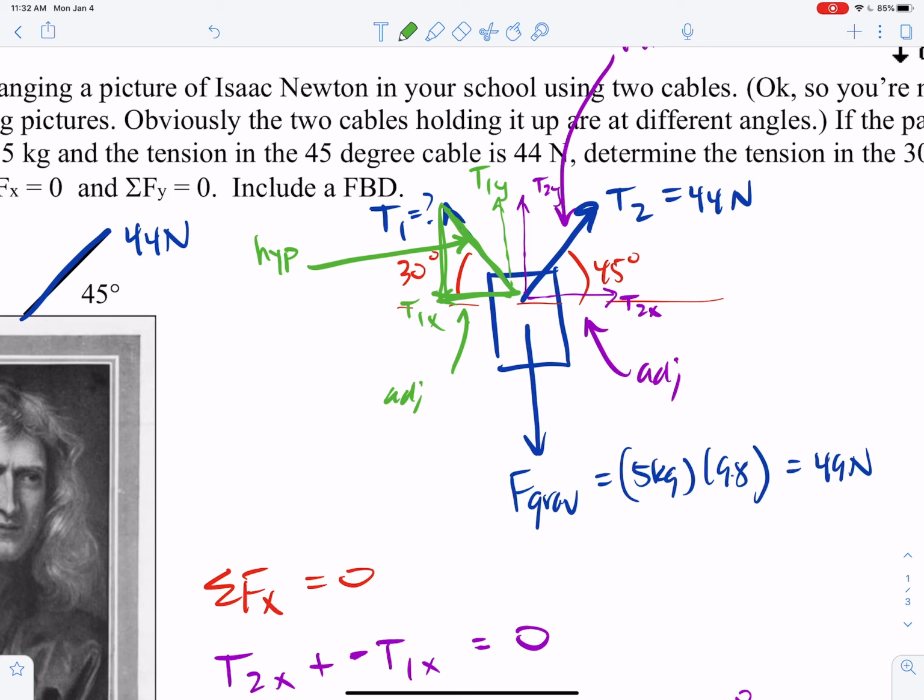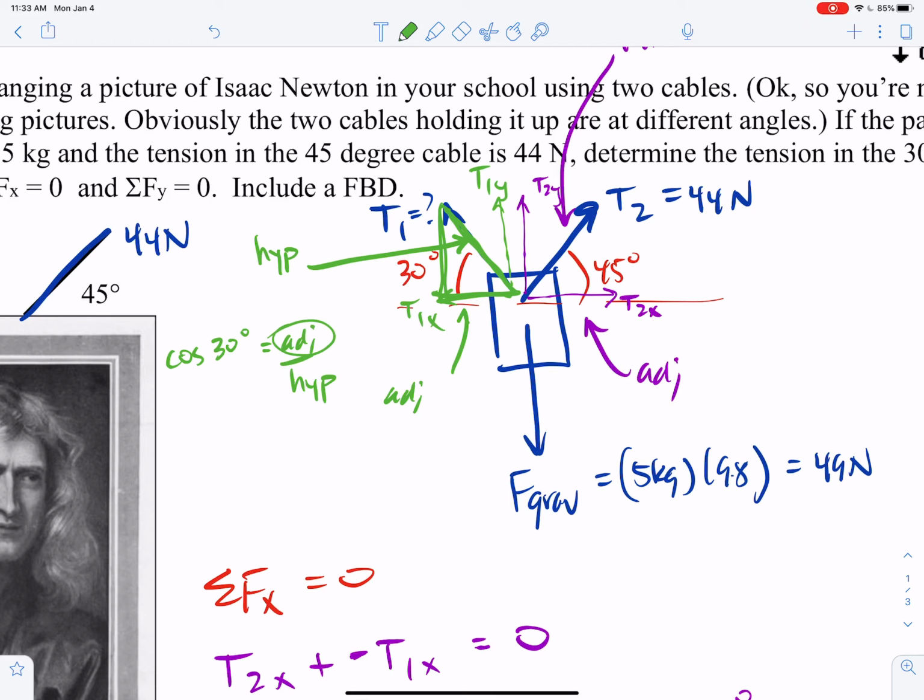And let me spell that out a little bit more clearly, because when I did it the first time, it probably wasn't super clear. I can say that the cosine of 30 degrees is going to be equal to the adjacent leg divided by the hypotenuse, right? Cosine is adjacent over hypotenuse. And I want to find the adjacent leg. That's my unknown.